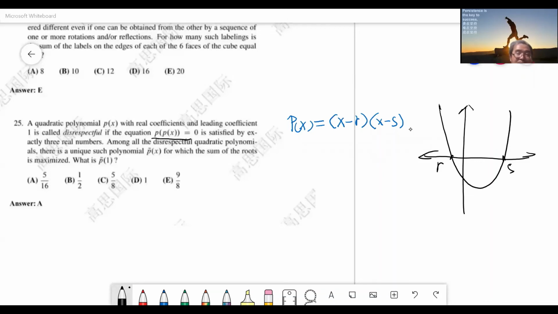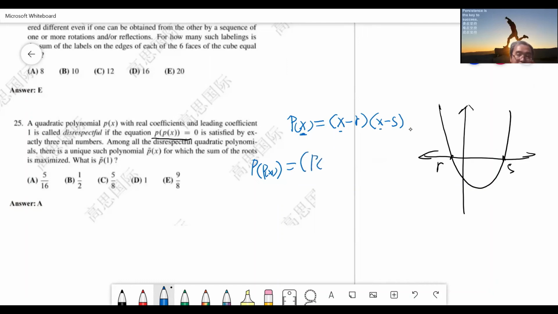Let's write P(P(x)) first. By the definition of composition, we replace every x with P(x).